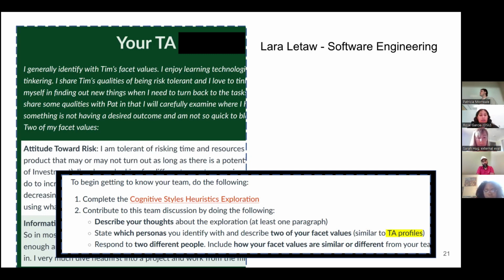And so I'm going to be talking about Lara's software engineering course and what she did there. On the screen here on the left side with the TA part, this is a TA profile that Lara had all of her TAs do, and she herself did this as well. That was modeled after the way that the GenderMag personas are set up.